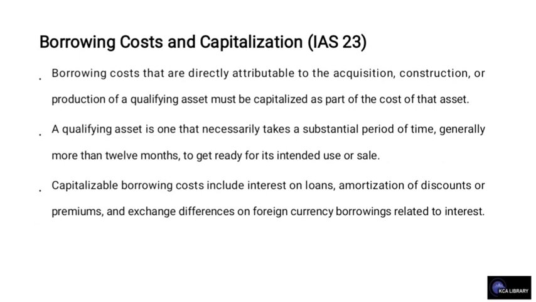Let's look at borrowing costs and capitalization, which falls under IAS 23. Borrowing costs that are directly attributable to the acquisition, construction or production of a qualifying asset must be capitalized as part of the cost of that asset.